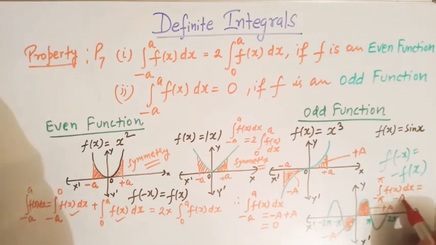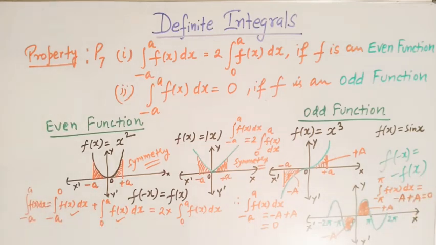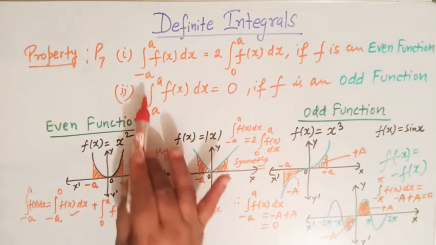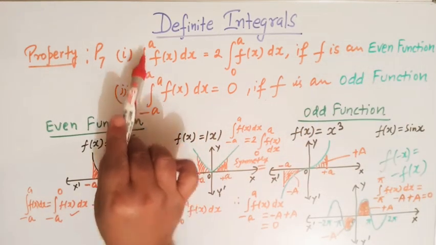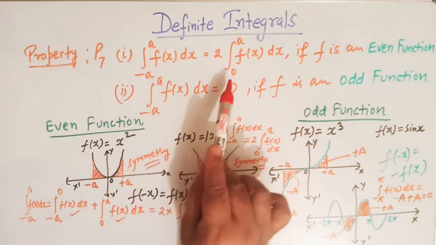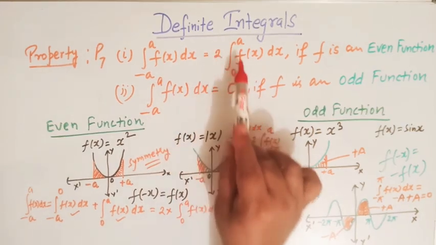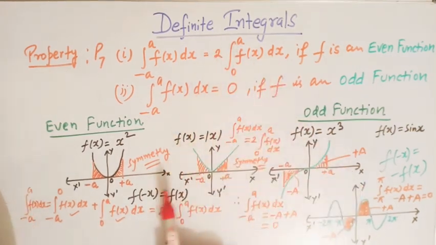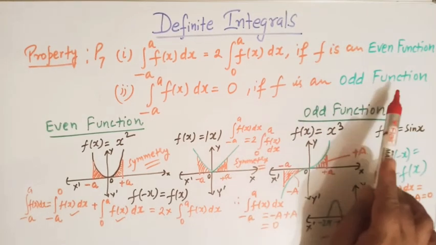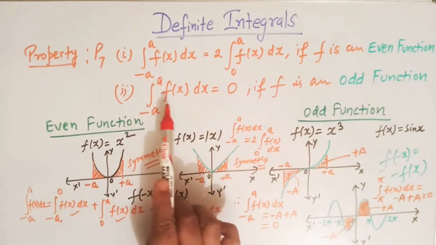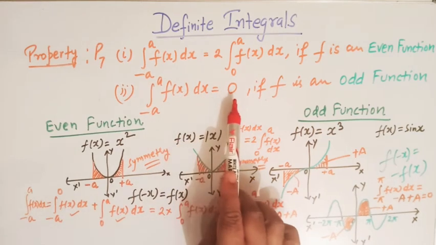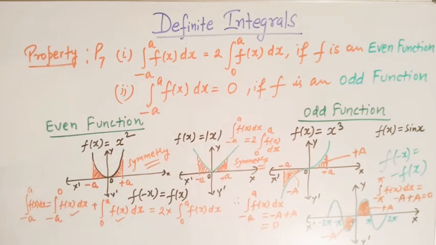So we have minus a plus a is equal to 0, right? So always remember, if f is an even function, then minus a to a f of x dx is 2 times 0 to a f of x dx, and if f is an odd function, then we have minus a to a f of x dx is equal to 0, right?